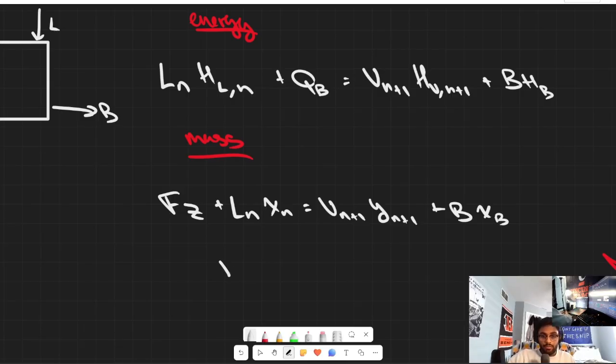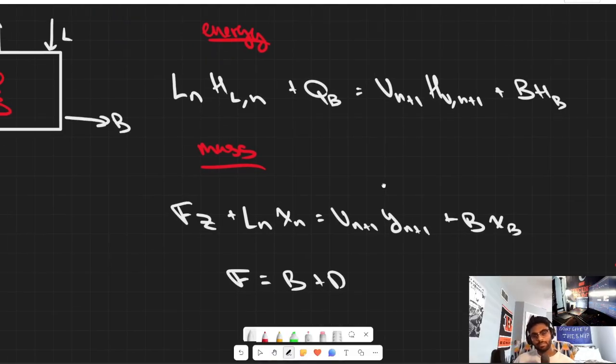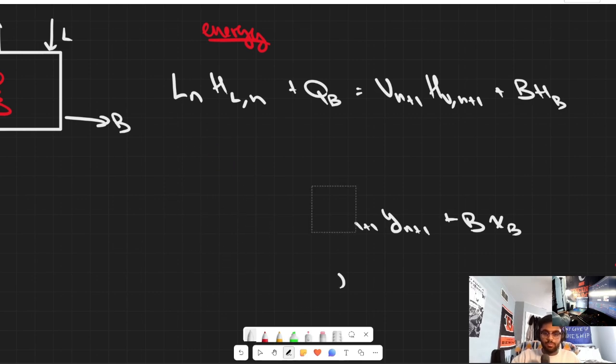And whatever we are feeding into our system has to show up in our bottoms and our distillate. So whatever is entering our system has to show up either at the top of our distillation column or at the bottom. So here is the energy and mass balance for that stripping section. Now, I actually don't love this mass balance here. I think we'll tackle that a different way. For now, let's just focus on this energy balance.